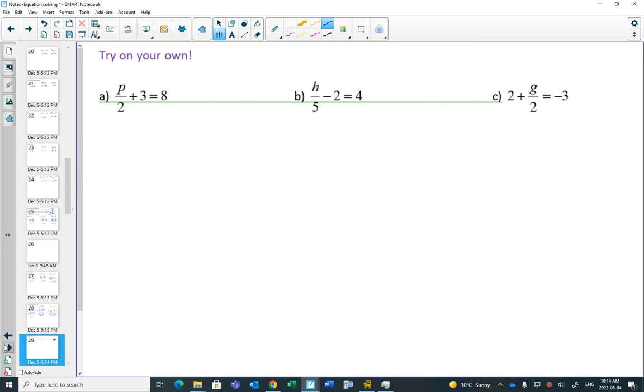Check these next ones how you did. Subtract 3 on both sides gives me p divided by 2 equals 5. Opposite of dividing is multiplying.